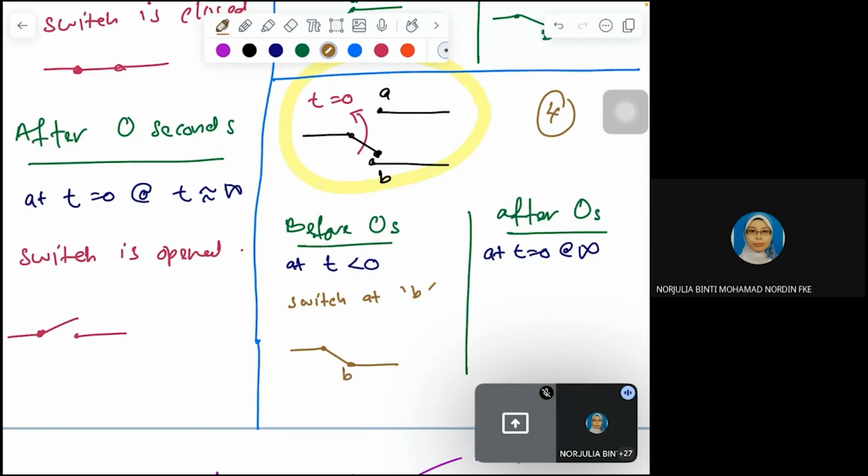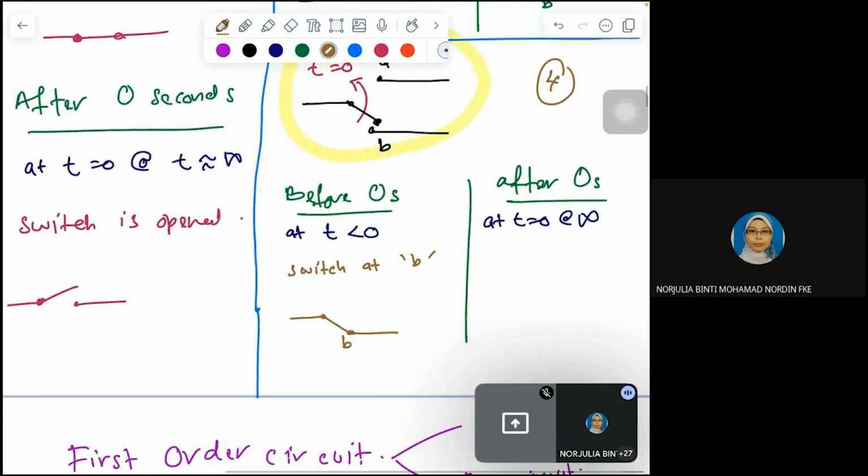This is your B point. After 0, or at t equal to 0 or after 0 seconds, the switch is at A.